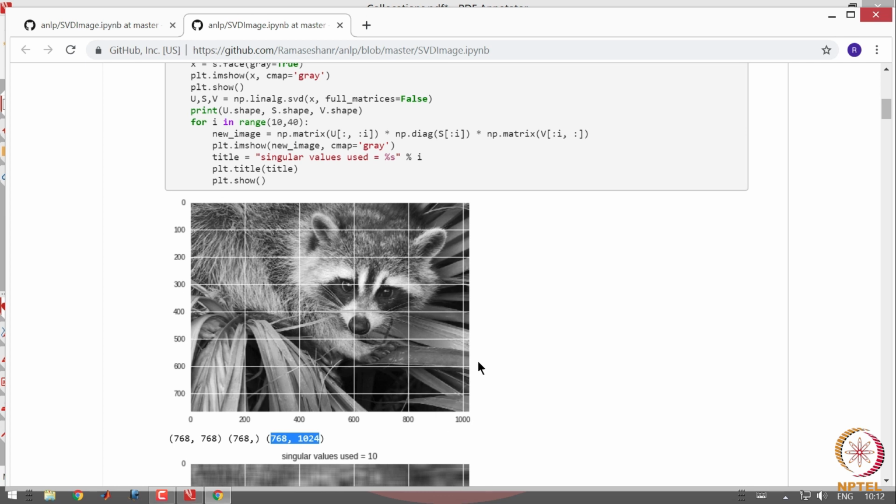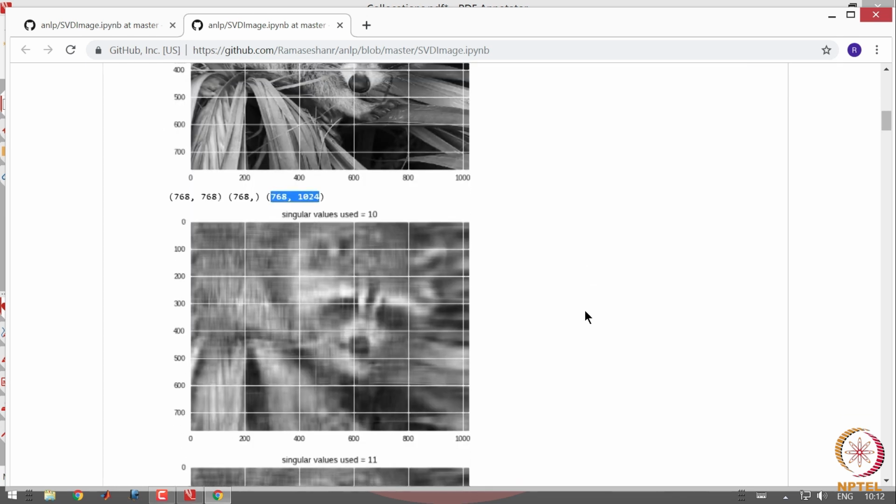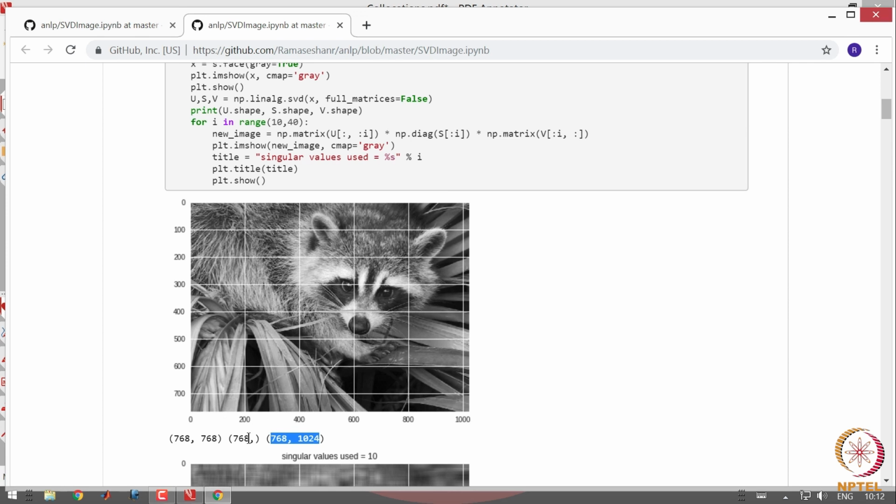Okay. So, in this case I am just taking only 10 values. That means this is 10, and this will be 10. So, at the end I will be reconstructing as 768 by 1024, but my sigma sizes are reduced and my column sizes are reduced.